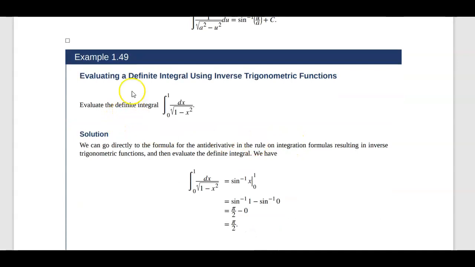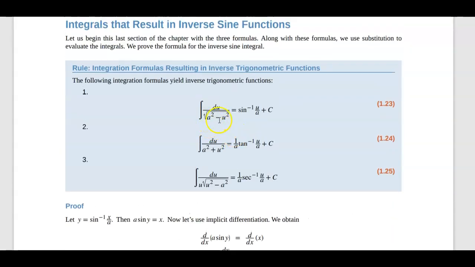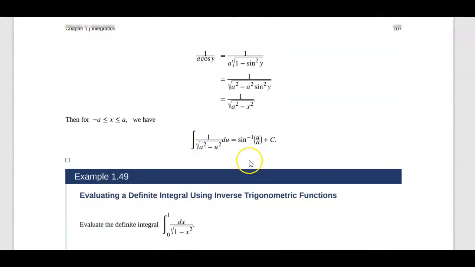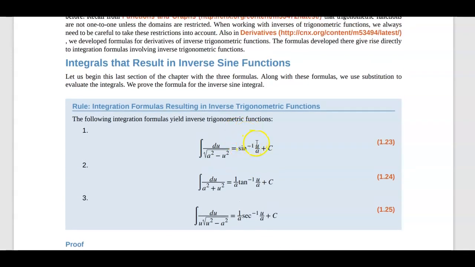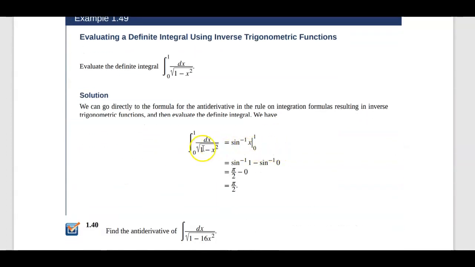All right, well, in this example, they do a definite integral from 0 to 1, dx over square root 1 minus x squared. Oh, well, this is just exactly matching the form with a is 1 and u is x. It precisely matches the sine inverse form. So this is just sine inverse of x plus c, except we're doing a definite integral, so sine inverse of x evaluated from 0 to 1.